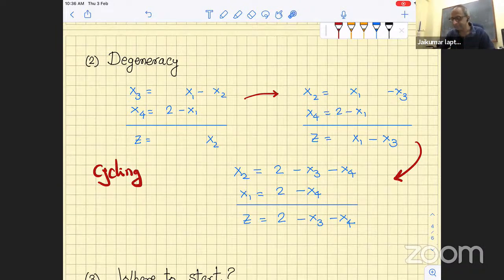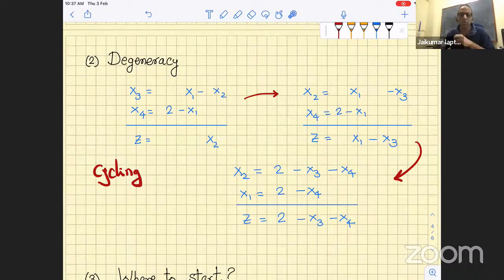So what I'm saying is that by adopting a certain strategy for which variable should enter when there are multiple choices and which variable should leave, it is possible to prove that the simplex method will terminate. This is not something that I'm going to discuss today. This we will do next time.